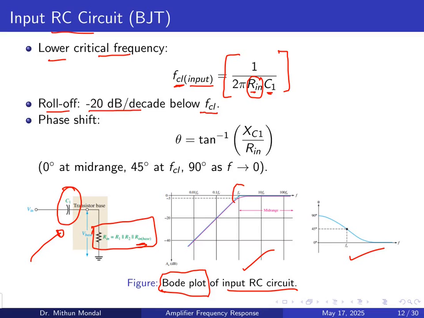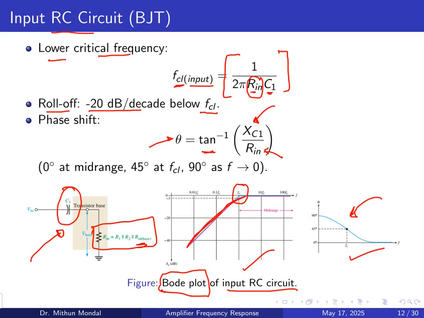So this is the critical frequency region, and then you have the frequency response falling, or rolling off, by minus 20 decibel per decade. And the phase shift you can obtain with theta equal to tan inverse of the capacitive reactance XC divided by the input resistance.